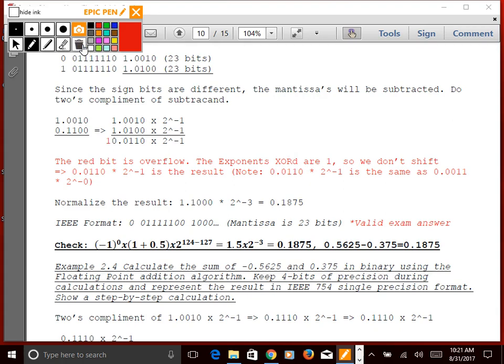So it comes to 1 plus 0.5, and then we know it's 124, so it's 2 to the 124 minus 127. So it becomes 1.5 times 2 to the negative 3, so that's 1.5 divided by 8, which becomes 0.1875. And then we check the original numbers: 0.5625 minus 3.375 is in fact 0.1875.